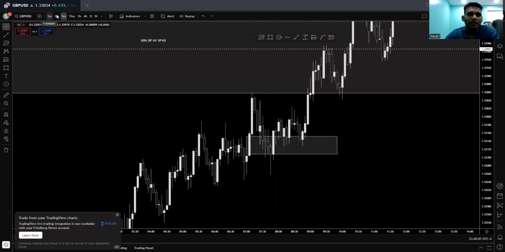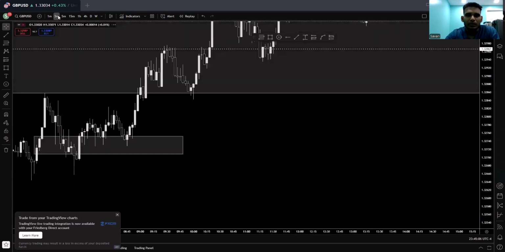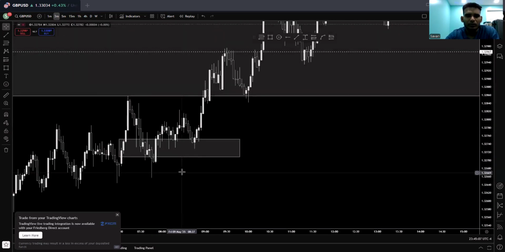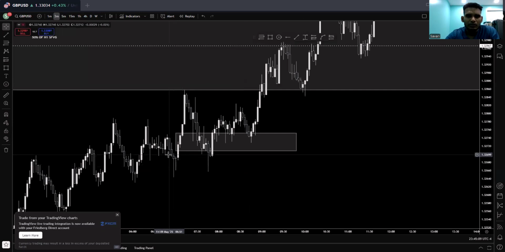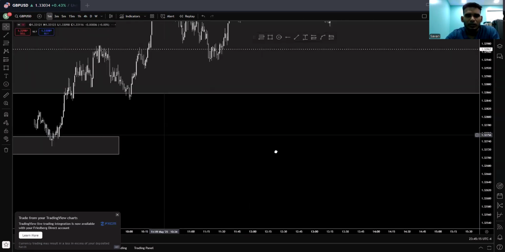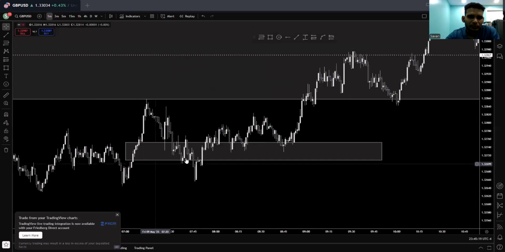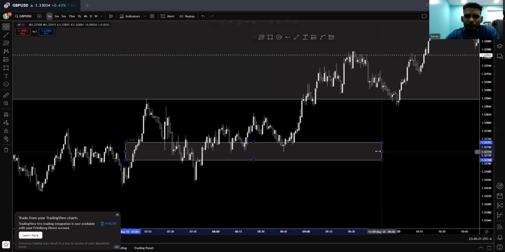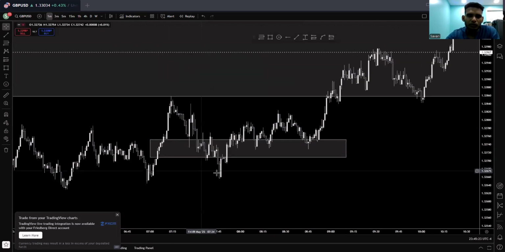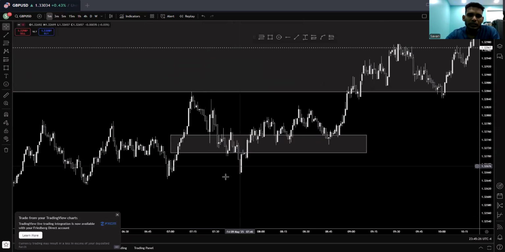Once I identified that in the 5 minutes, like this 3 minutes, the fair value gap was holding, the price was holding, a big displacement. In the 1 minute, my 5 minute fair value gap kind of closed below, so it took out my stop.